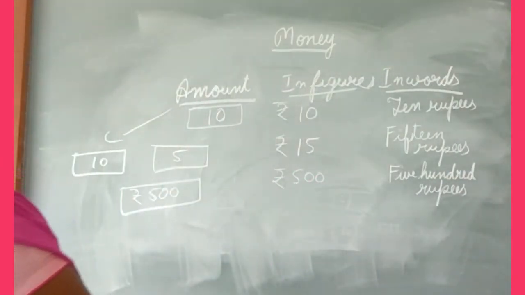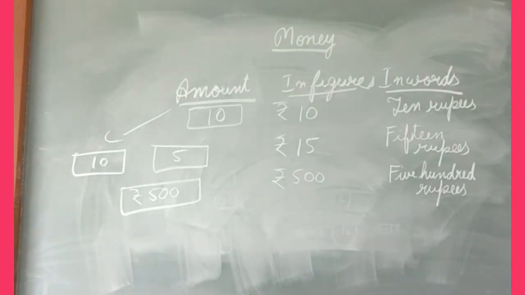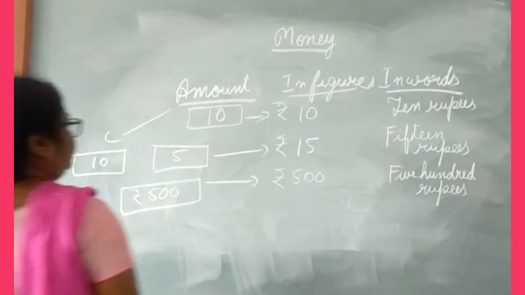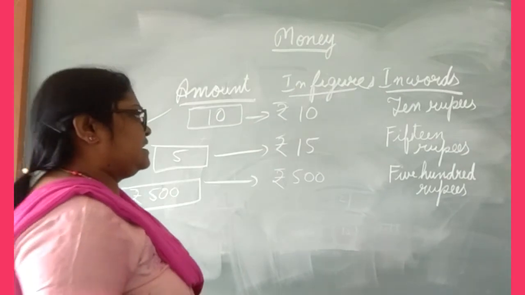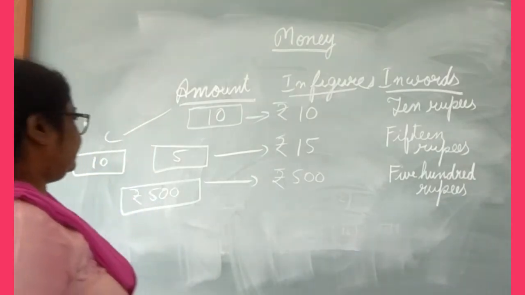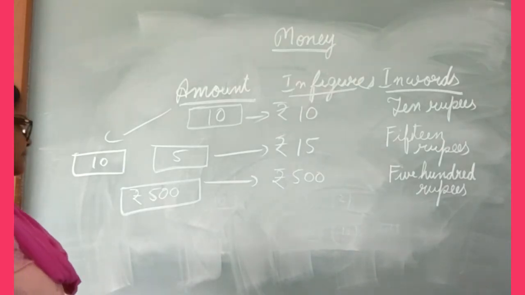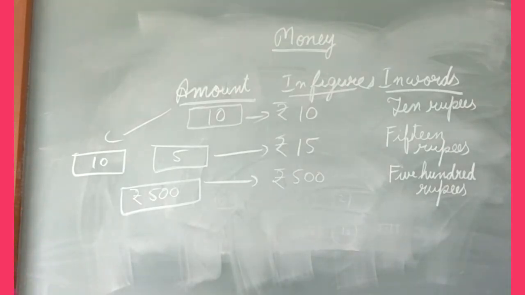So it is clear to you all? If that amount is given to you, you have to write it in figure and also in words. So it is easy. By seeing the amount you can write in figure and also in words. 10 rupees, write rupees 10. And 10 plus 5, that is 15, you can write 15 rupees. Rupees 500, so you can write 500 rupees.